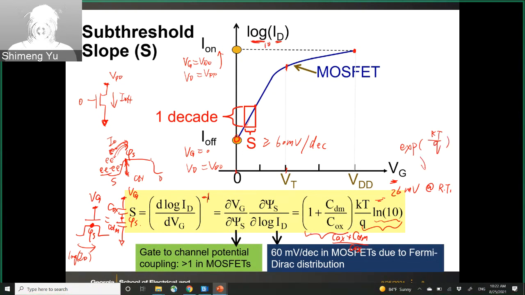If you convert to log 10, you get this coefficient, which is 2.3. So 26 millivolts times 2.3, you get 60 millivolts. And the first term will always be equal to or larger than 1, because it's 1 plus something. So that's why we eventually derive that S is always equal to or larger than 60 millivolts per decade.